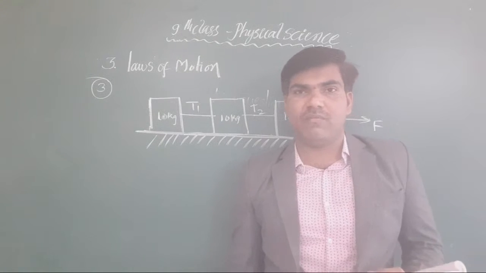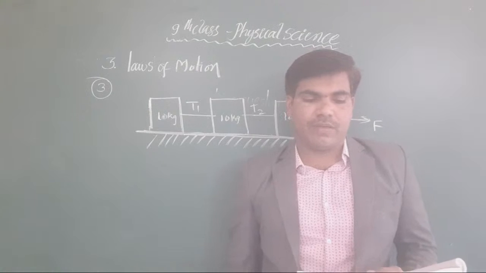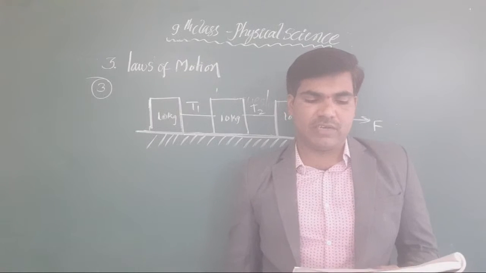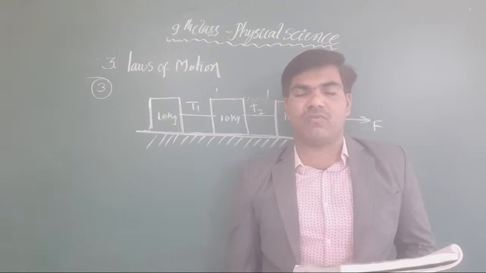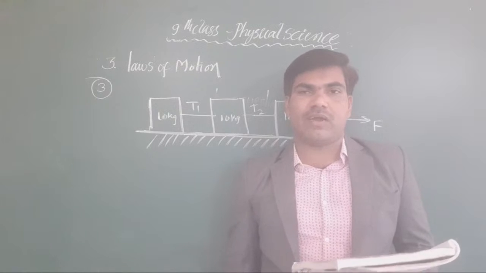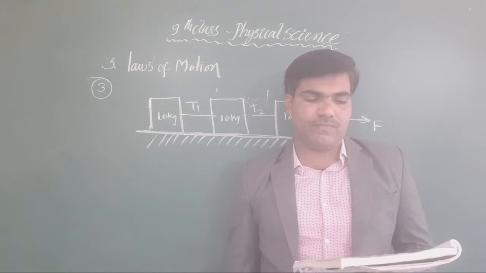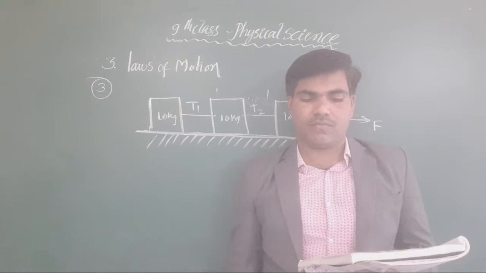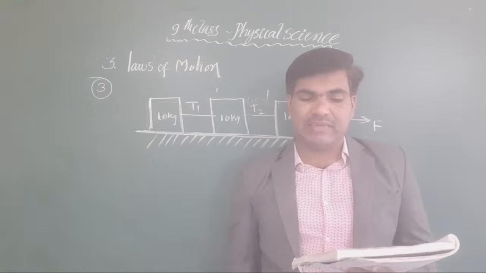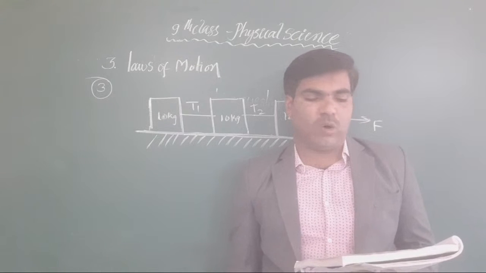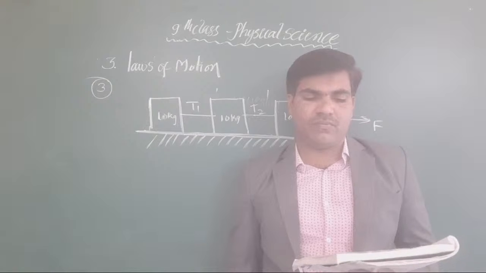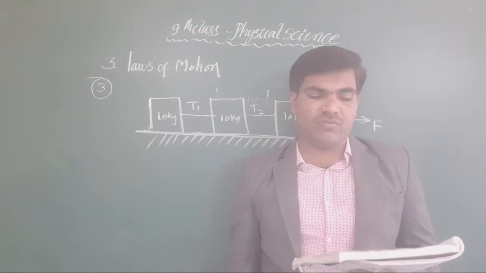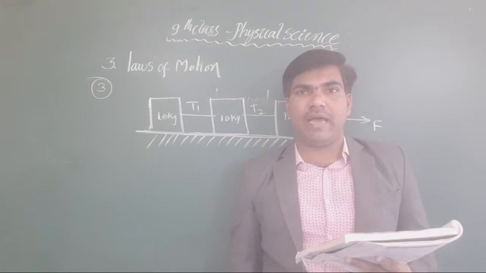If the tension F in the rope is 30 newtons, what is the acceleration of each block? What is the acceleration of each block?